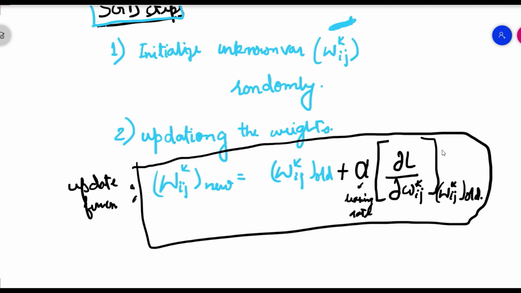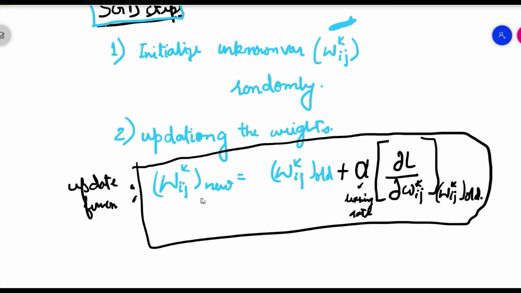The updation happens using this equation, in which we determine the rate of change of our loss with respect to that specific weight, calculated using the old weight value from the last step, and we add this whole amount to W^k_ij old to determine the new weight.